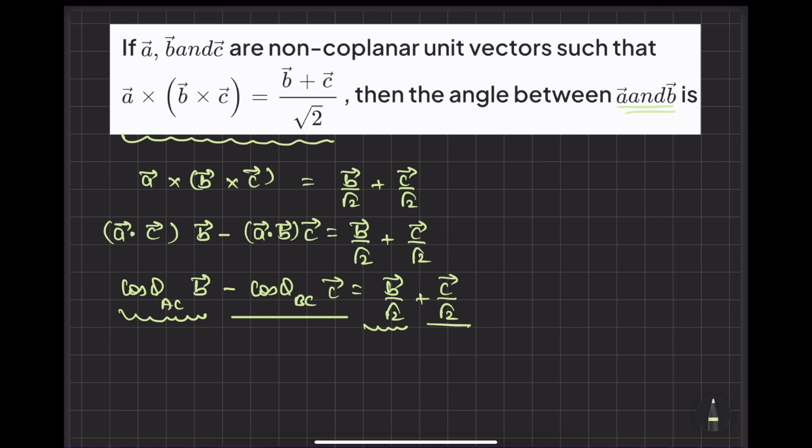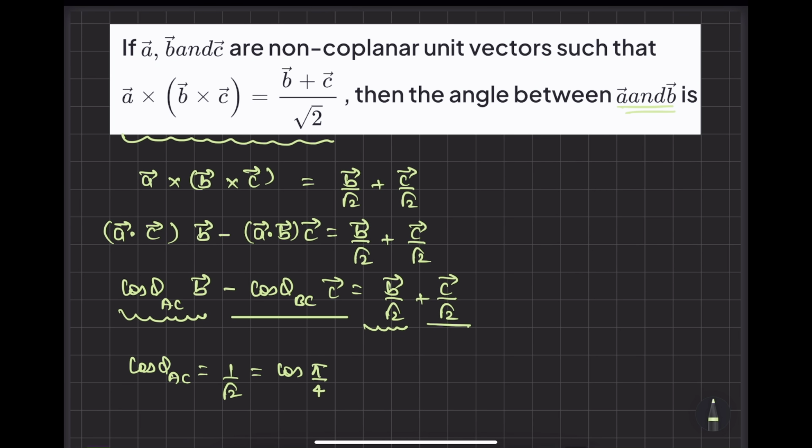So suppose that these guys are talking about the angle between A and C. So can I compare B? So can I write cos theta AC equals 1 by root 2 equals cos pi by 4? So can I say that the angle between vector A and vector C is pi by 4?